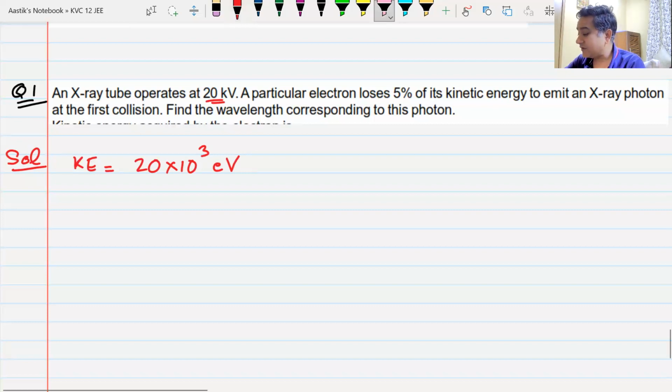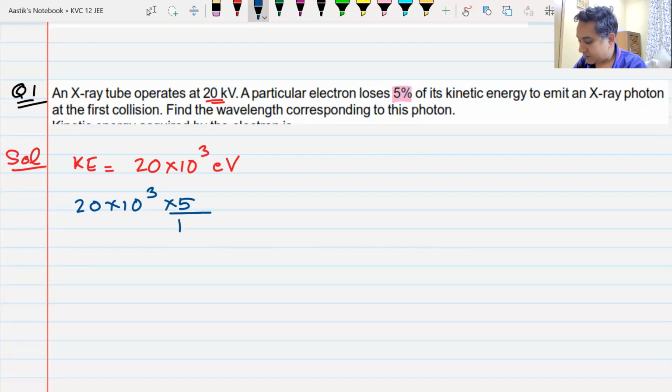It loses 5% of this energy. So how much energy is converted into photon energy? 5% of this. So it is 20 into 10 raised to the power 3 into 5 by 100. That is the energy in electron volts. That must be equal to hc by lambda.